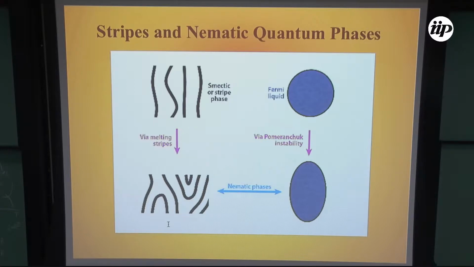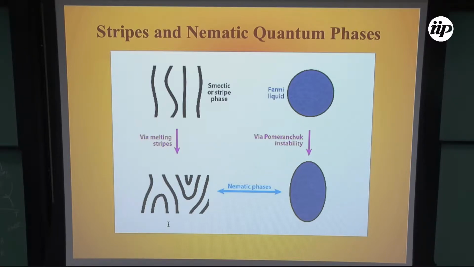But again, in this type of phase transition, you are breaking rotation invariance, keeping translation invariance. And you see that this point of the Fermi surface is essentially the same as this one. For this, you have the nematic symmetry. If you change any vector by pi, you get the same.